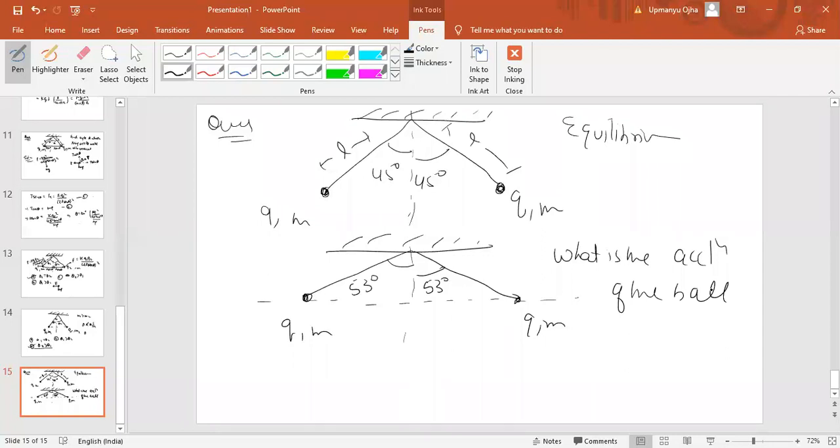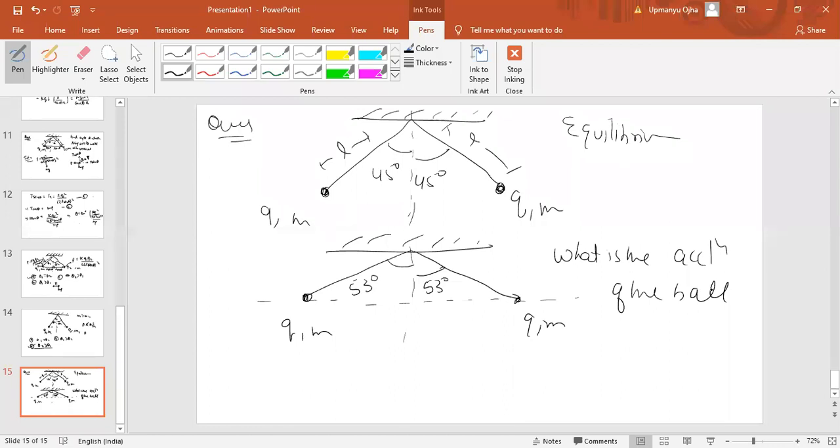I think you have understood this problem. We have two balls, in equilibrium at an angle of 45 degrees from the vertical. The length of the string is L. Both balls have the same charge Q and mass M. Now we displace the balls to an angle of 53 degrees and release them. We need to find the acceleration of the ball at that position.